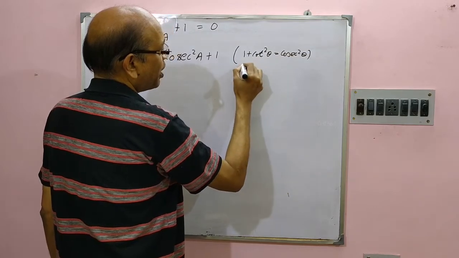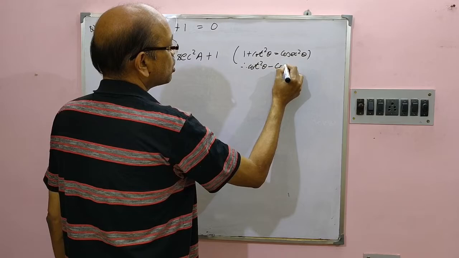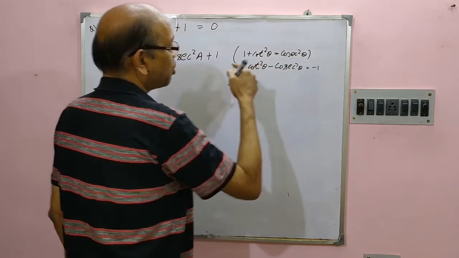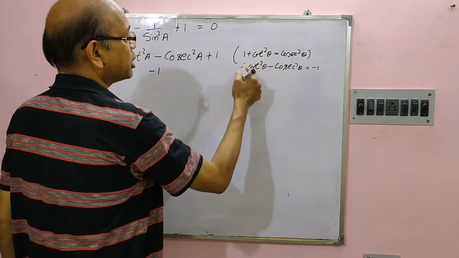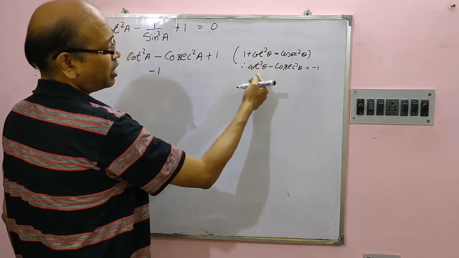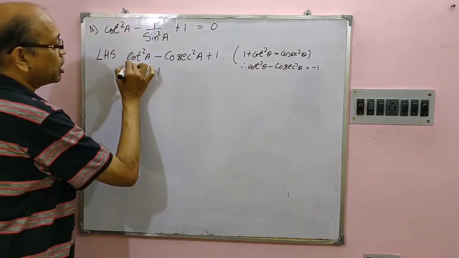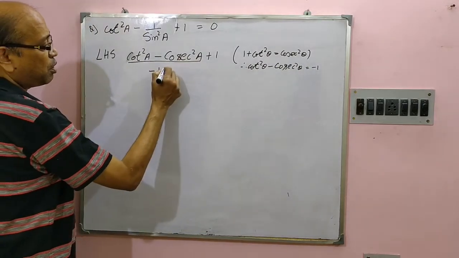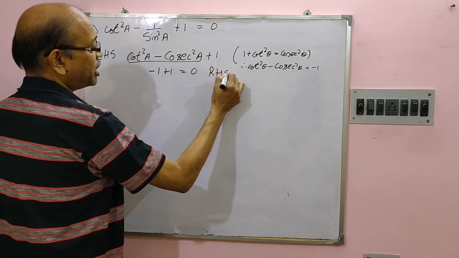Therefore cot square theta minus cosecant square theta is equal to minus 1. So here cot square theta minus cosecant square theta is minus 1, plus 1, which is equal to 0, which is RHS. Proved.